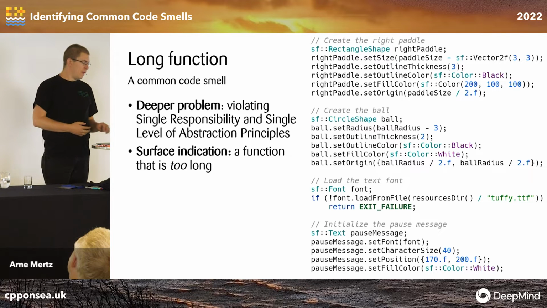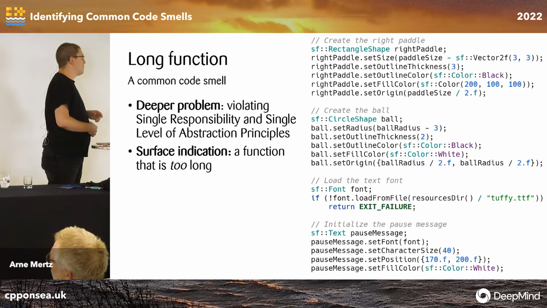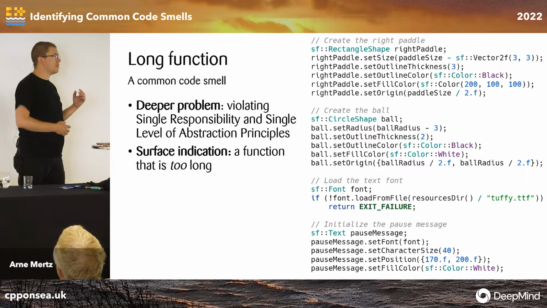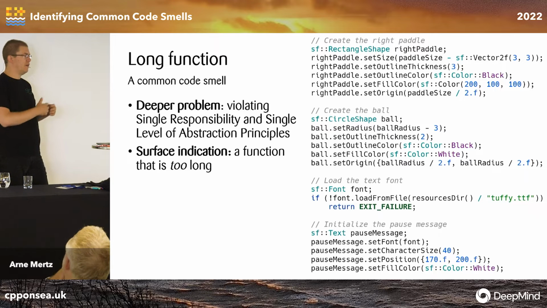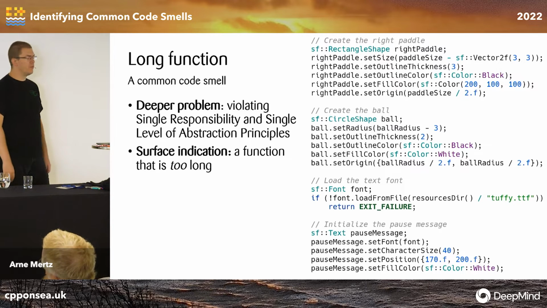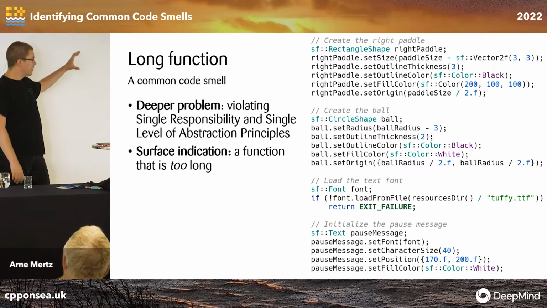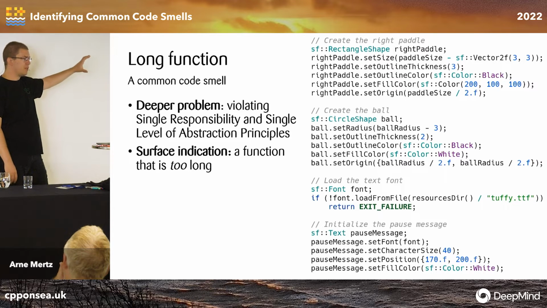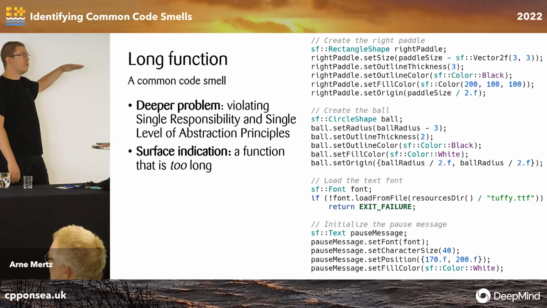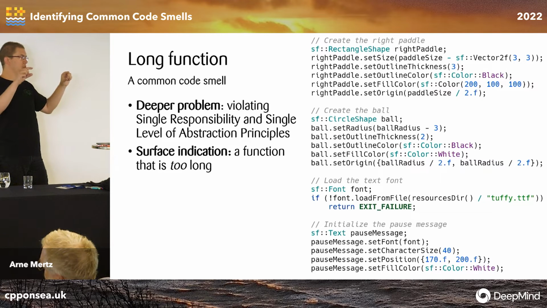So here we see something that could be called a secondary indicator for this kind of long function, because what we very often have in these very long functions are blocks of code where we have multiple lines and a comment before this block of code saying what's going on in this block.